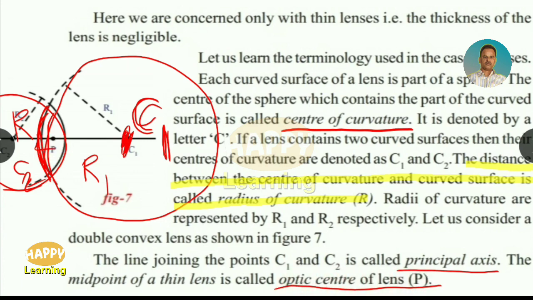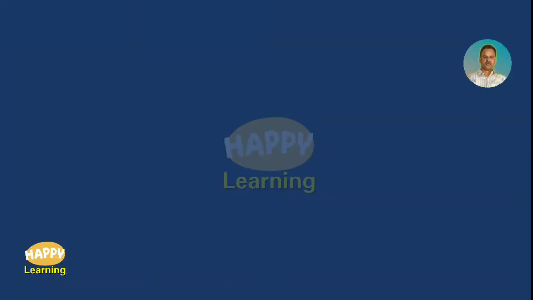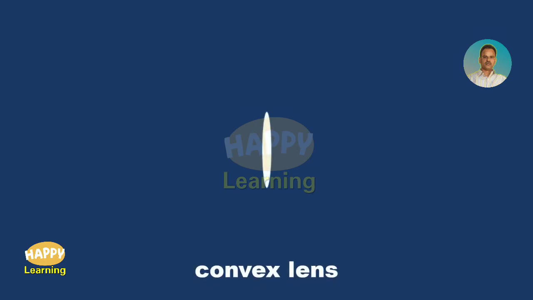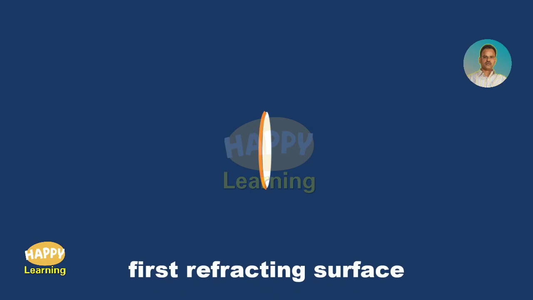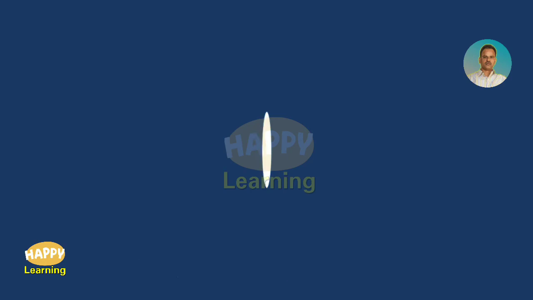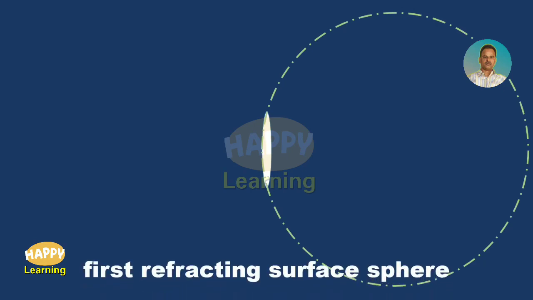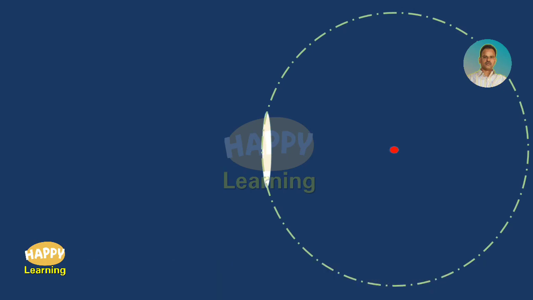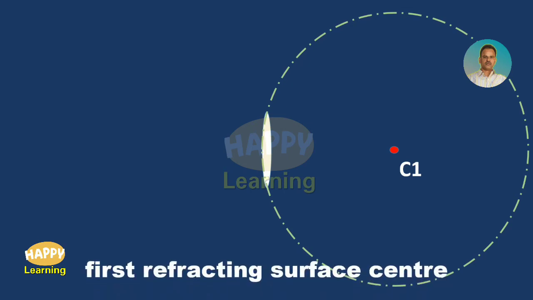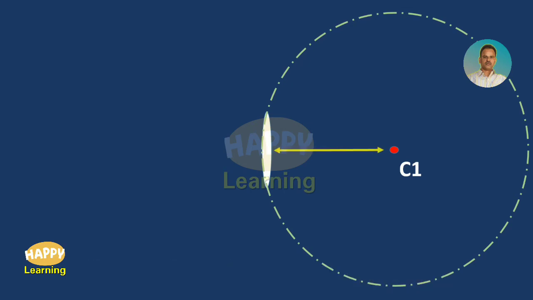Next, let us go through an animation video to understand the terminology related to lens. This is a convex lens. This is the first refracting surface. This is the first refracting surface sphere, the center of this sphere is C1, and the radius of this sphere is R1.